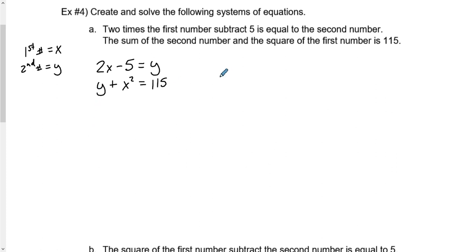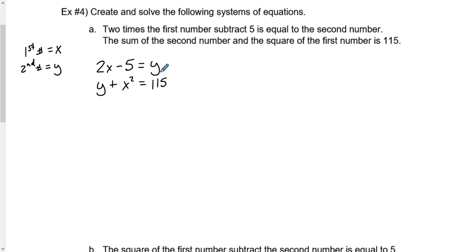So we can do a lot of work here, really quickly, and we have just created our 2 equations that we're working with. Now I'm going to solve this one by substitution, and I will try and solve that next one by elimination.